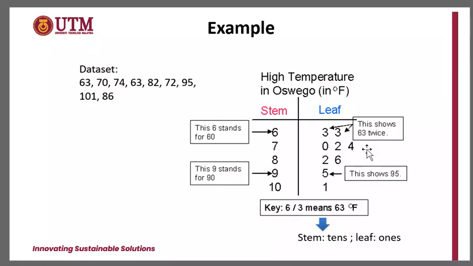And for 80 it is the same, we have 82, 86. For 90, we have only one number, which is 95. For 10 and 1, that means we have one number in the 100s, which is 101. This is stem and leaf to present a quantitative data set, converting it from ungrouped data to grouped data.